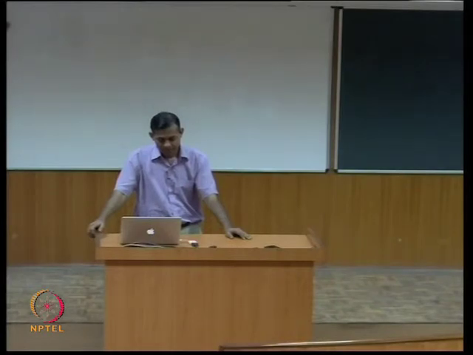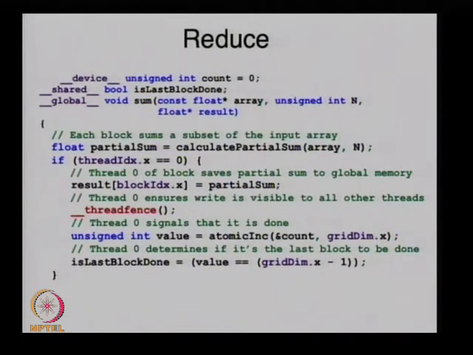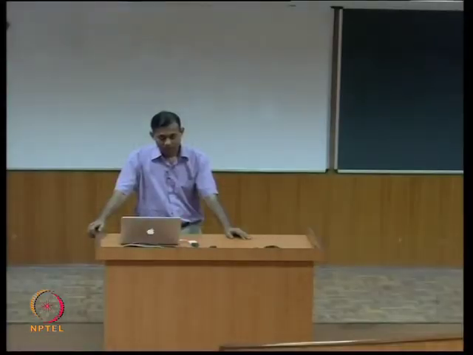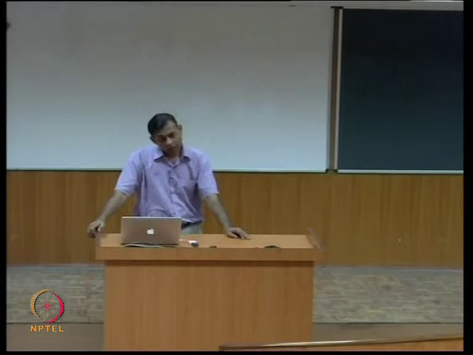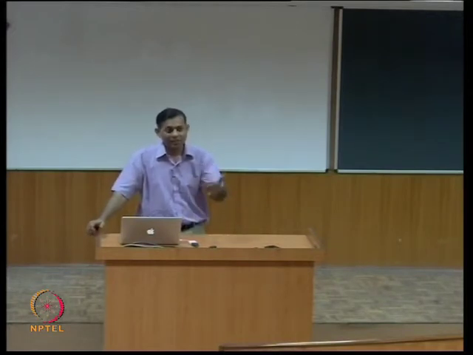Semantically, the numbering starts from 0, agreed, but the value has to be griddim.x, right? The value returned is the old value. When you do atomic inc, you get the old value back, right? Not the value you are incrementing to.